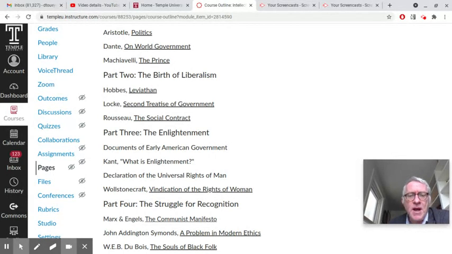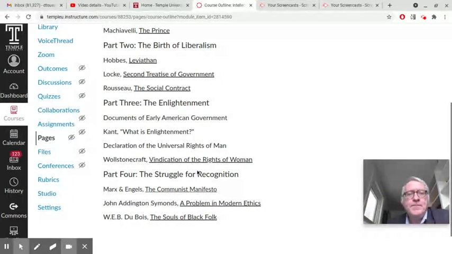And then Mary Wollstonecraft, her Vindication of the Rights of Women, which straddles part 3 and part 4 of the course, because if we look at the texts of part 4, the Communist Manifesto, John Addington Symonds' A Problem in Modern Ethics, and W.E.B. Du Bois's The Souls of Black Folk.